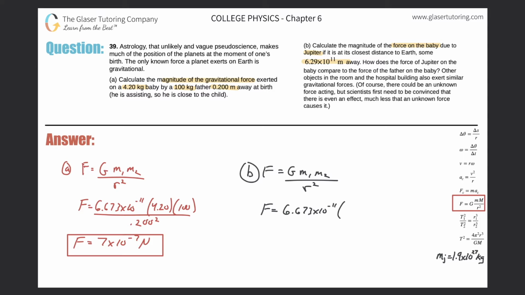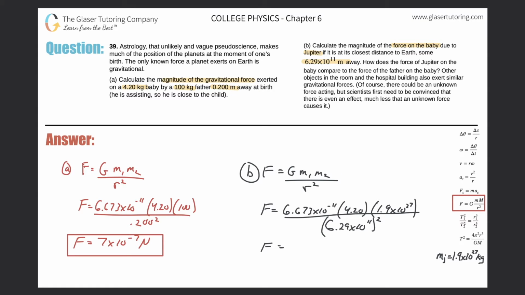Let's say this is between the baby and Jupiter, so let's do the baby first. It really doesn't matter. The mass of Jupiter second, which was 1.9 times 10 to the 27th. Then all divided by the distance between them, the value they gave us, 6.29 times 10 to the 11, and then we're going to square that.